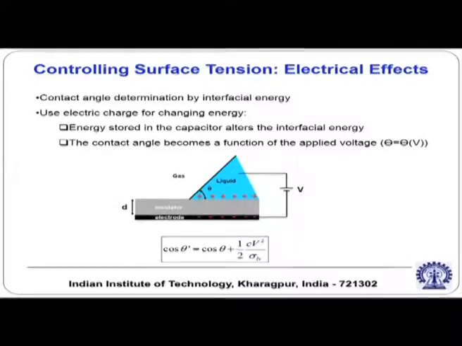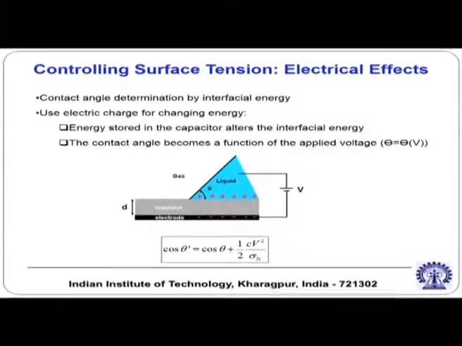Now we will discuss this formula in detail, but there are certain things we can get from it immediately. First of all, cos theta prime is equal to cos theta plus what? A positive term, right, because it is V square.